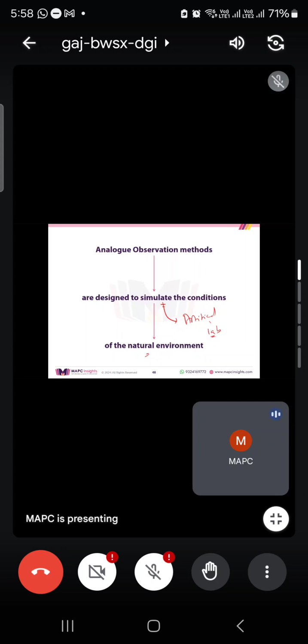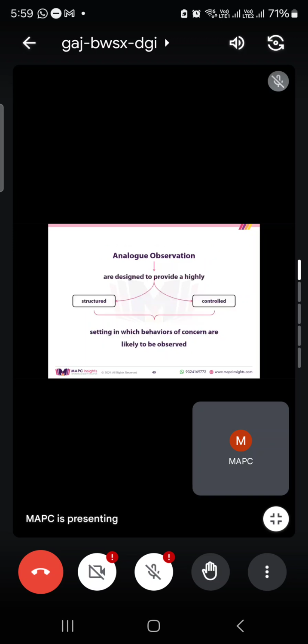You try to create the natural environment in the laboratory. These are designed to provide a highly structured and controlled setting. The setting is structured and controlled as it is in the lab, so you can control it, in which behaviors of concern are likely to be observed. So in the lab, we are observing the behavior.